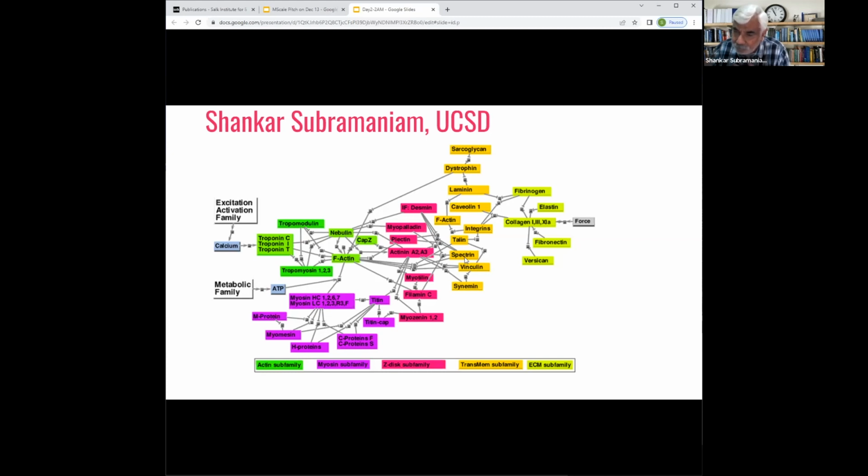You've got to morph. You've got to move. You've got to align. You've got to do contraction, excitation. And this in turn relates to the extracellular matrix subfamily, which is fibrinogen, collagen, fibronectin, versican, and this transduces into a force. And so this is really how the orchestration of force transduction happens in a skeletal muscle.